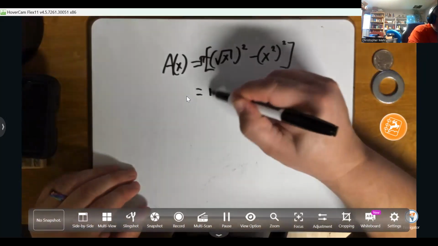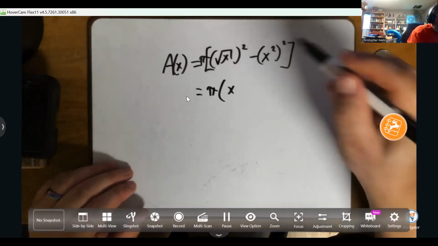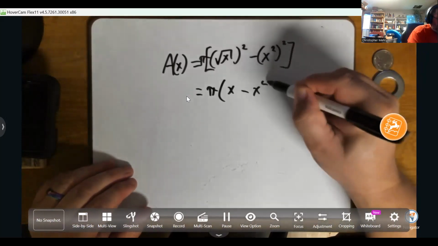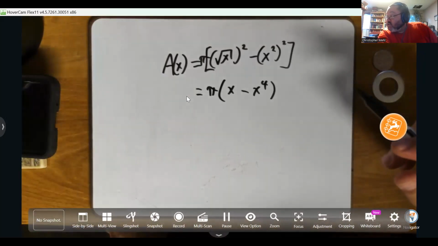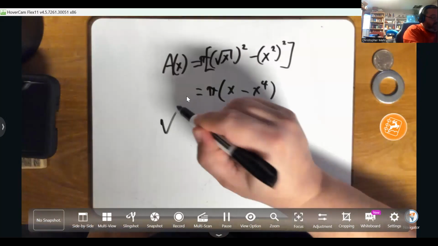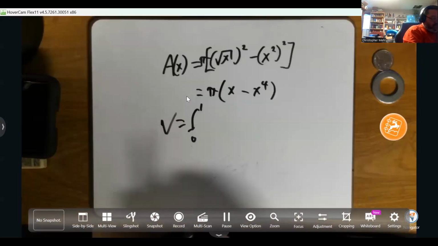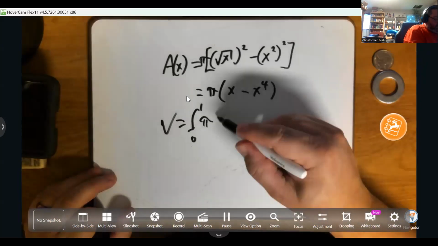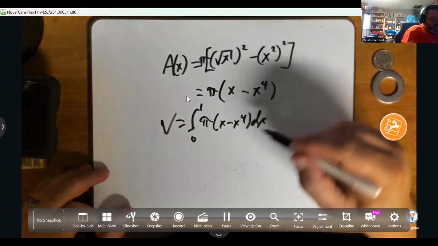Then this works out to be pi times x minus x to the fourth as our cross-sectional area. And so the volume then goes from 0 to 1, pi times x minus x to the fourth dx.